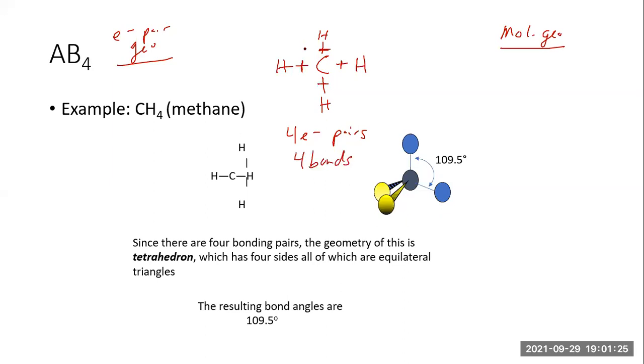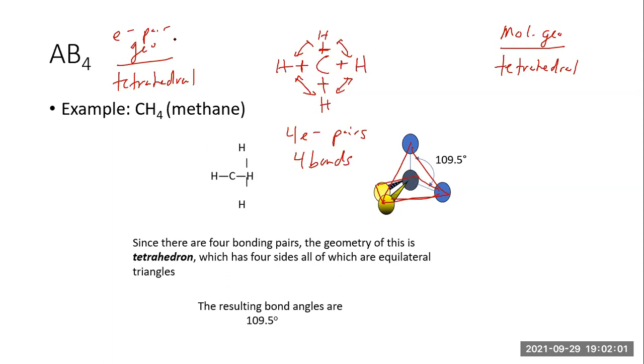Something with four electron pairs gives a shape referred to as tetrahedral. Because we have the four bonds, same idea, they want to keep their distance from each other, so they spread out in this tetrahedral arrangement. The molecular geometry will also be tetrahedral, with a bond angle of about 109.5 degrees. Tetrahedral is like a triangle on the sides and like a pyramid shape on the bottom. Again, that is tetrahedral.